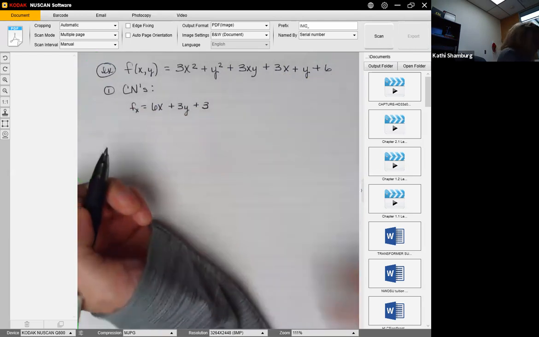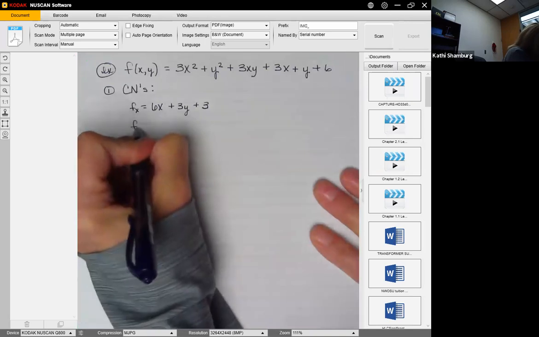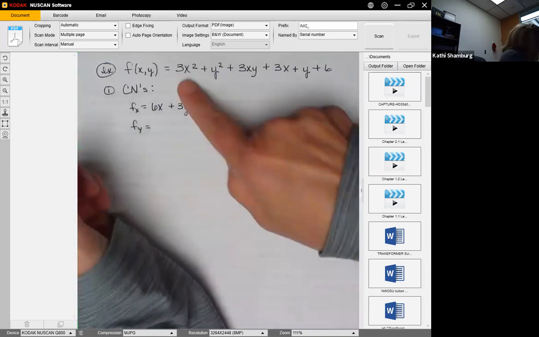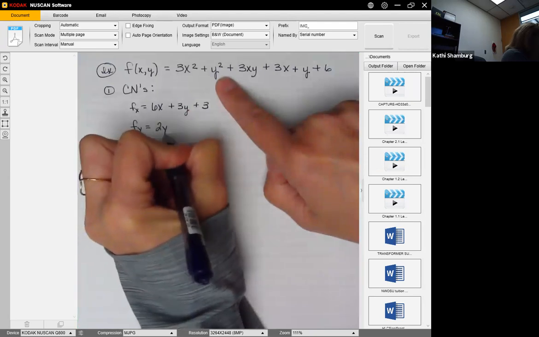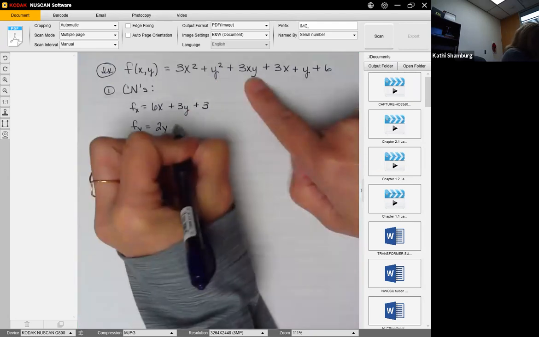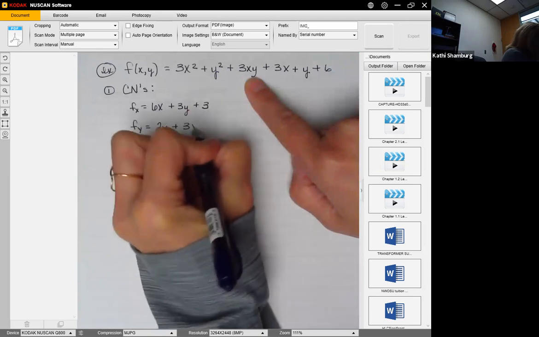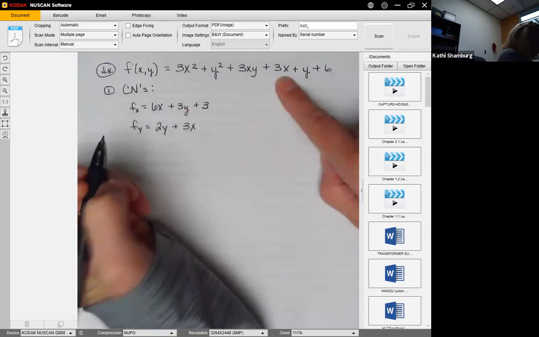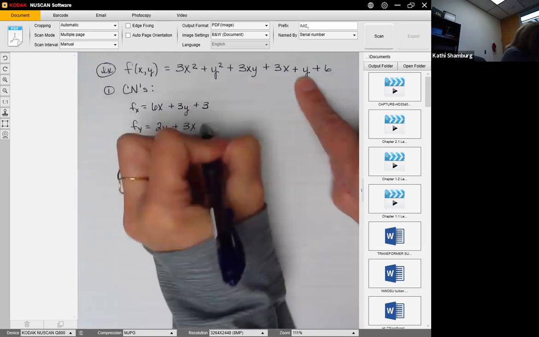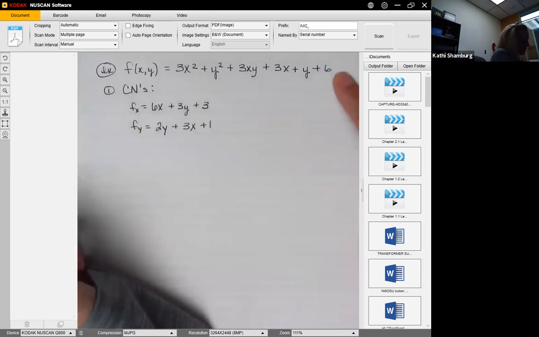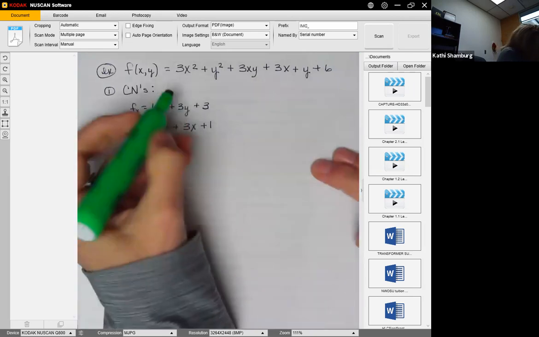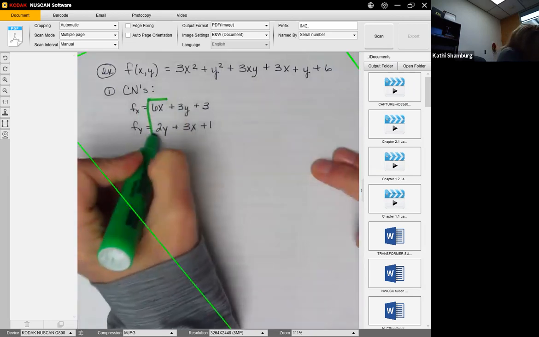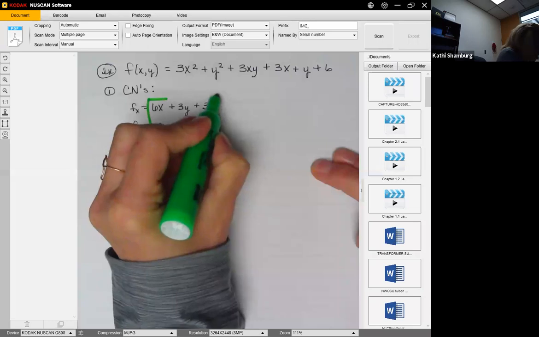So that's what we get here. So f sub y, this would be 0. This would be 2y to the first, plus 3x plus 0 plus 1 plus 0. All right. So then these are the two equations.